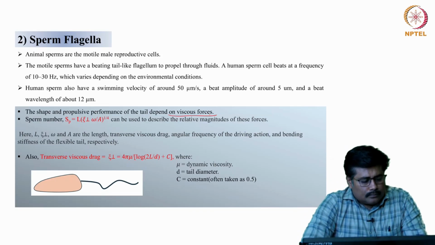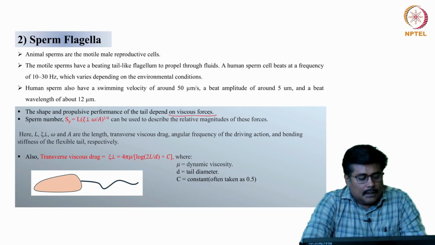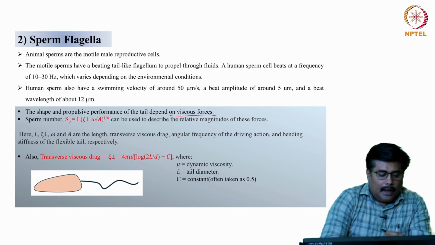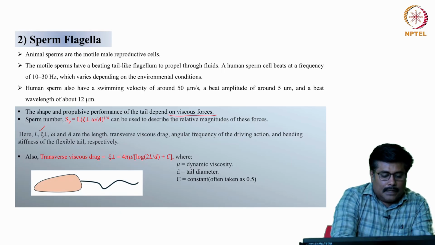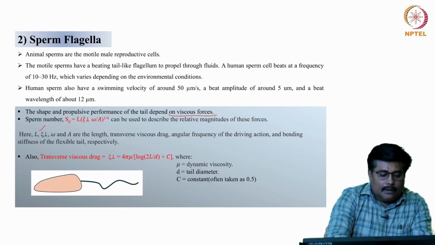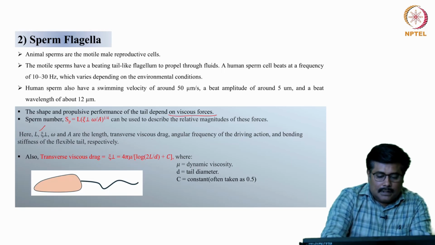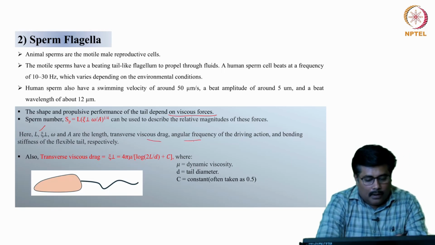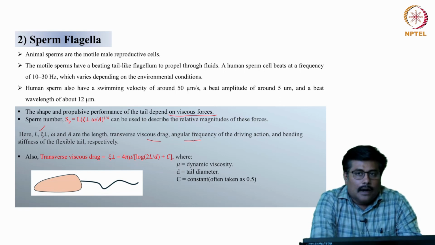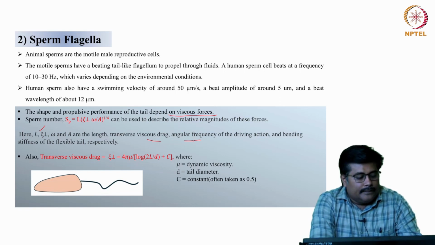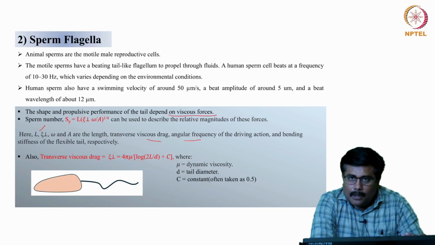With reference to the biological relation, the different parameters involved are L, which takes care of the length, the transverse viscous drag, and the angular frequency, which participate towards the driving action, and the bending stiffness of the flexible tail. These can be used to describe the relative magnitude of these forces.